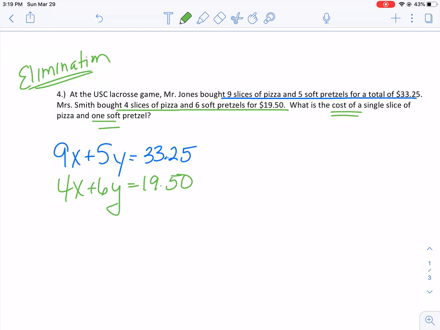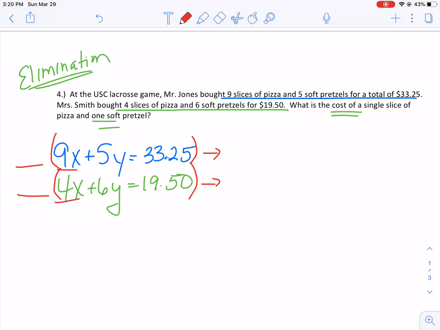All right, well, first thing we do in elimination is to see if we can add these terms and something eliminates. Well, 9x and 4x is 13x, so that doesn't work. 5y and 6y, I get 11y, doesn't work. So we now need to multiply one or both of these equations by a number in order to get opposite coefficients. So I'm going to work with my x's.